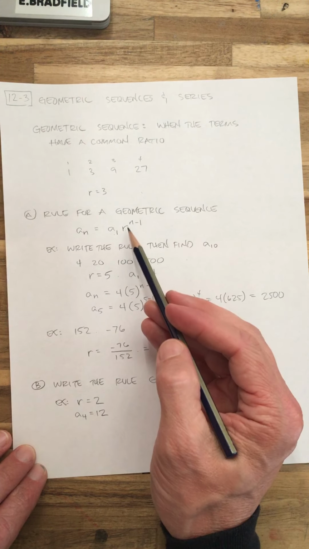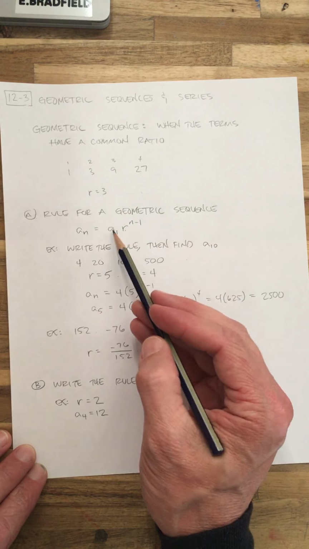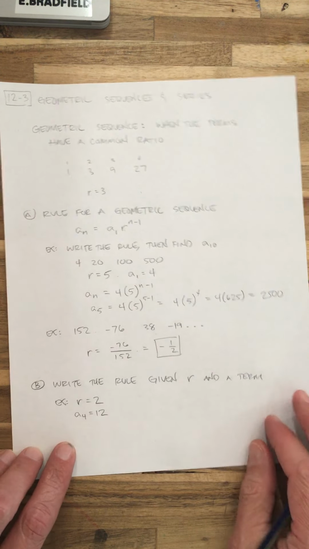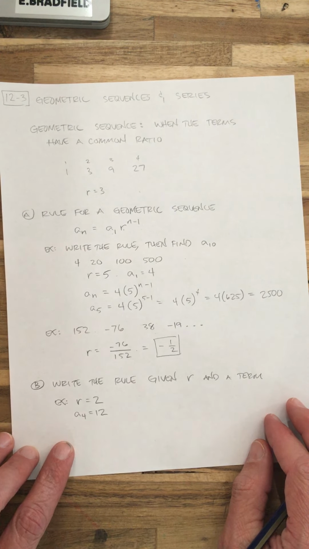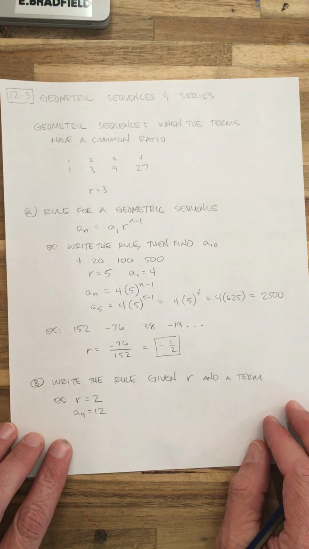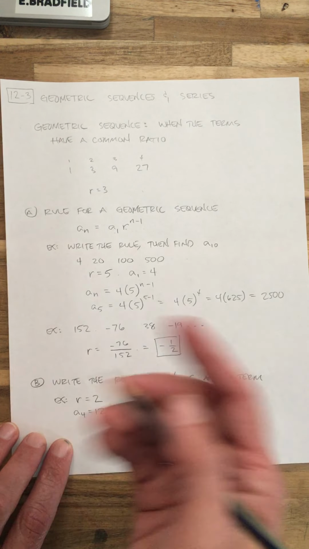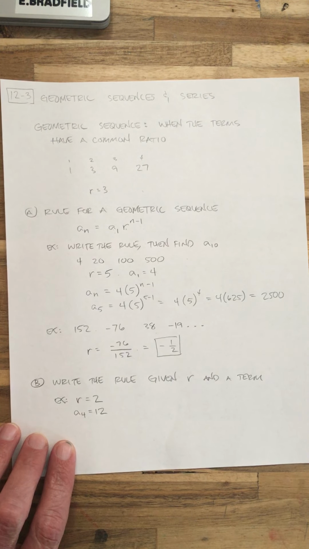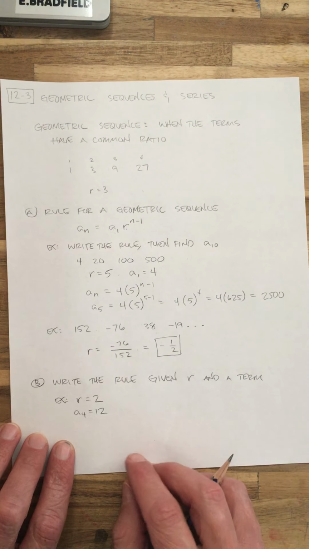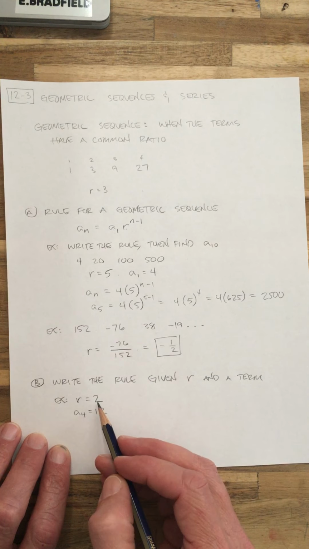We need the R, and we need the first term. Remember how we did the arithmetic sequences with the rules? We had to find a sub 0, and what did we do? We subtracted the common difference until we got down to the 0th term. This time we need the first term, and we're not going to subtract off.